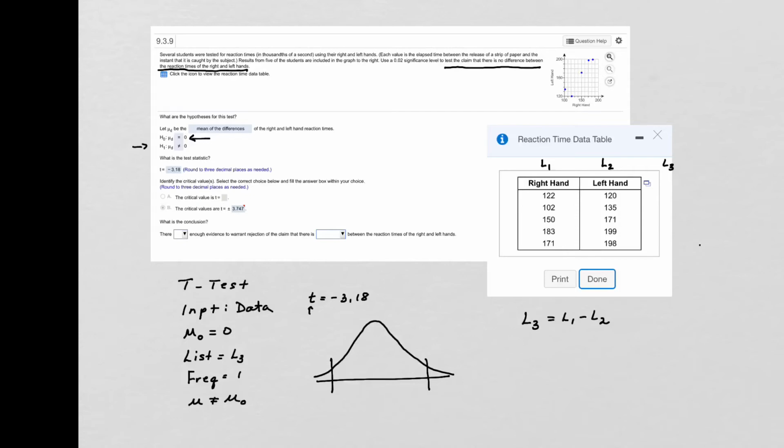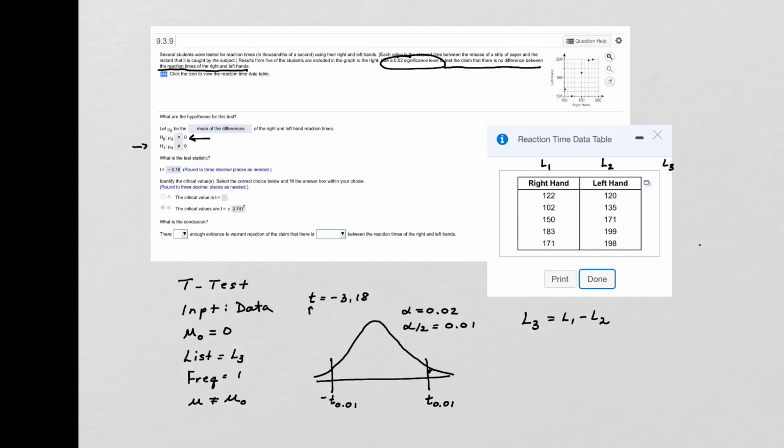At the top here we have that alpha is equal to 0.02, because it says a 0.02 significance level. So if alpha is 0.02 and we're doing a two-tail test, then we have to cut alpha in half, and we get alpha over 2 is 0.01. So I need to find t sub 0.01 and negative t sub 0.01.